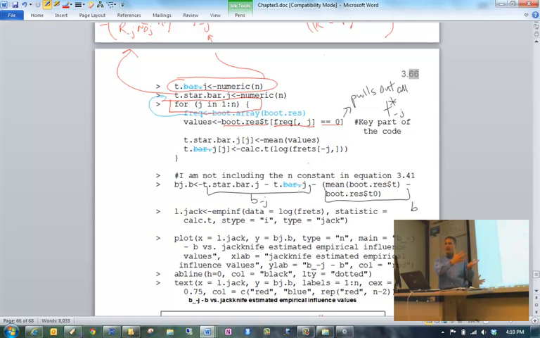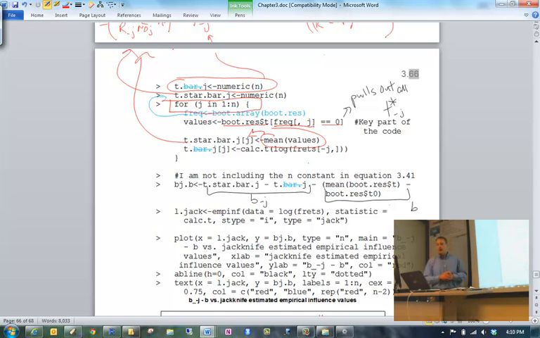The t stars for that do not have y sub j. Any questions about that? So that goes into an object I just call values. Then I find the mean of values. I put that in the jth spot of t star bar j.